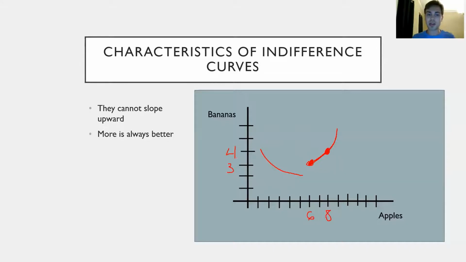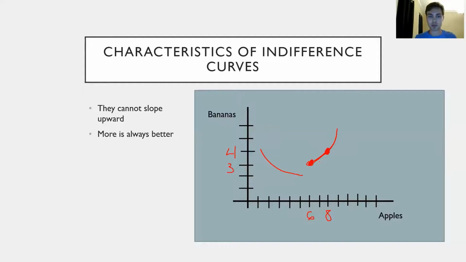And since we know that having more of each good is always better, having more of both goods cannot possibly be on the same indifference curve, because we must have more utility if we're increasing both our bananas and our apples, right? So that's why we can't have an upward sloping indifference curve.